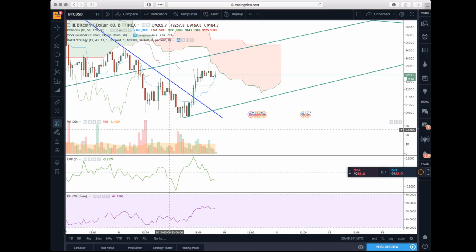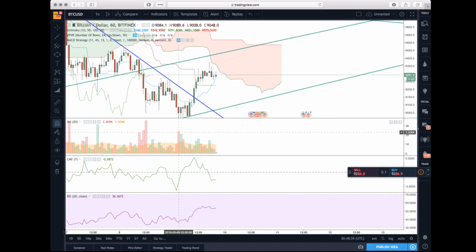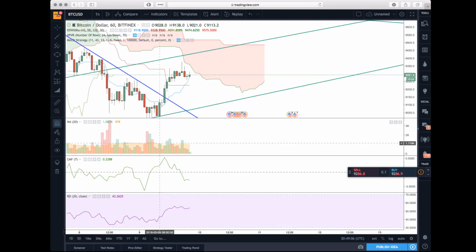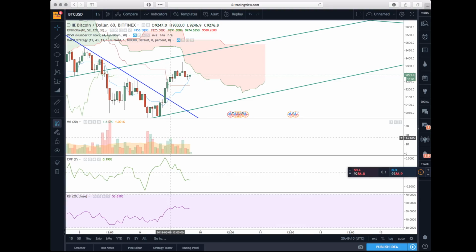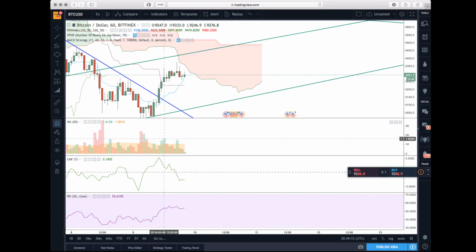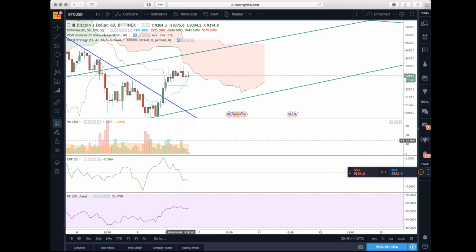You want to see the volume kind of following the price action, so we'd really rather see some increased volume on that. But if you look at it, when we had the selling, this was decreasing selling volume, and then we had some increasing buying volume along with that price action, so that's good. This higher point, though, had lower volume, and that's not an absolute, but it's definitely kind of a yellow flag, just something to pay attention to.